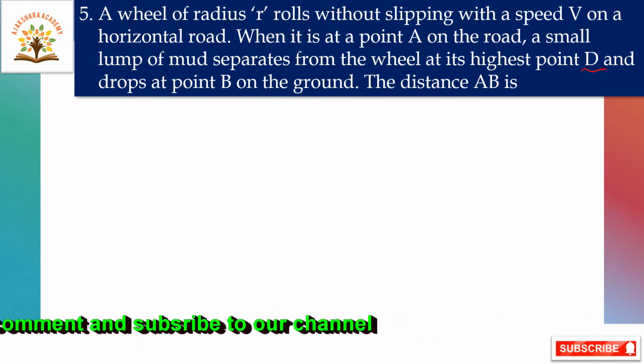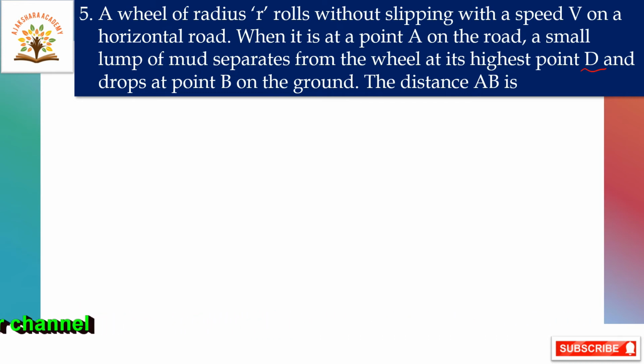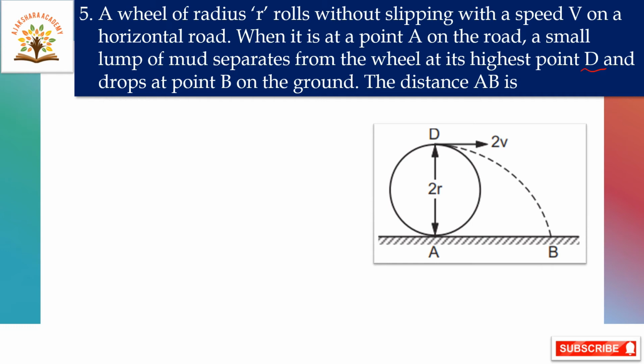The distance AB is, see this figure, a wheel of radius r rolling without slipping. D is the highest point, and the mud drops at point B on the ground. We have to calculate the distance AB. Now let us go to the solution.